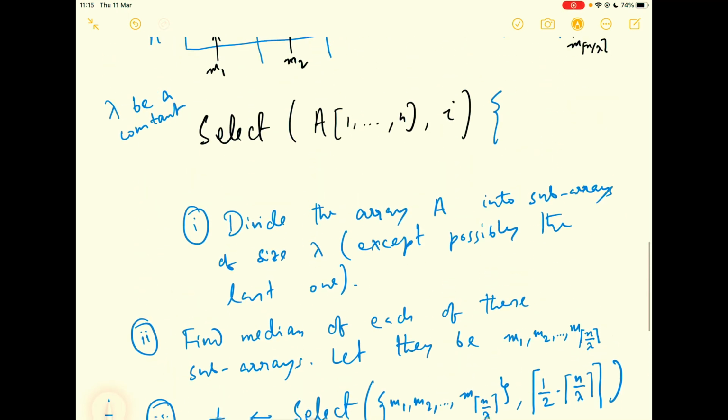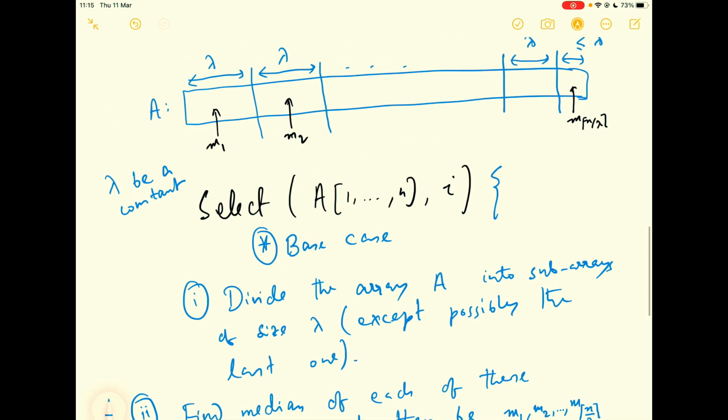Here also you need to write the base case. So it is the exact same algorithm like randomized pivot. Instead of picking the pivot randomly, here is a deterministic process to pick the pivot.